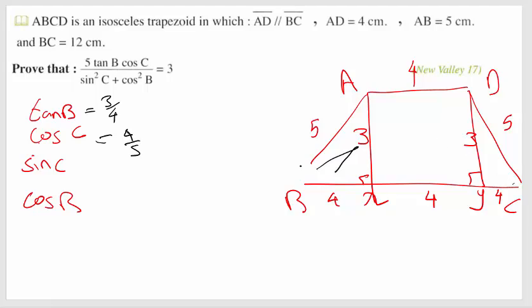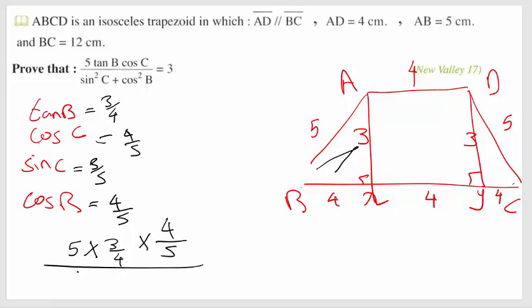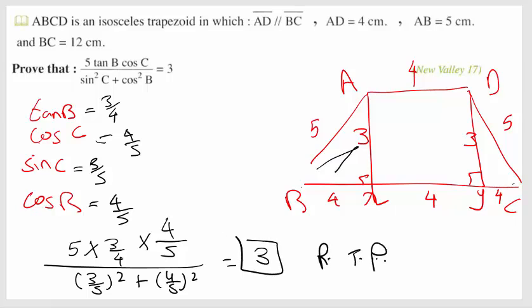Sine C, opposite over hypotenuse, 3 over 5, and cosine B will be adjacent over hypotenuse, so it will be 4 over 5. Substitute here: 5 multiplied by tan B, which is 3 over 4, multiplied by cosine C, 4 over 5, over sine squared C, 3 over 5 raised to the power of 2, cosine squared B, which is 4 over 5 raised to the power of 2, and I will get the answer, which is equal to 3, and which is what was required to prove.